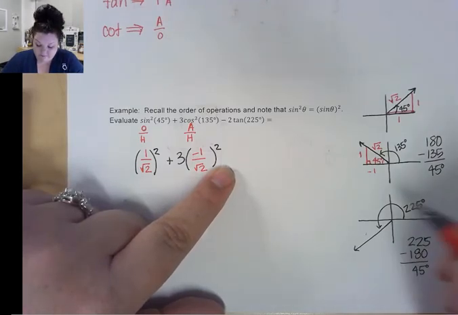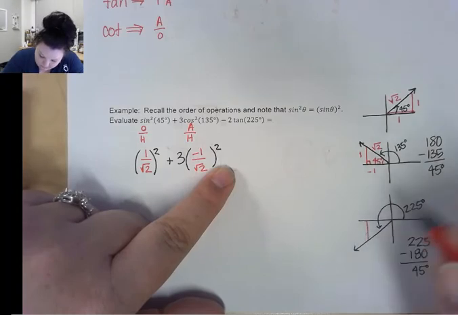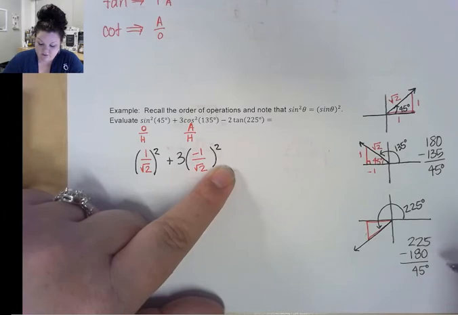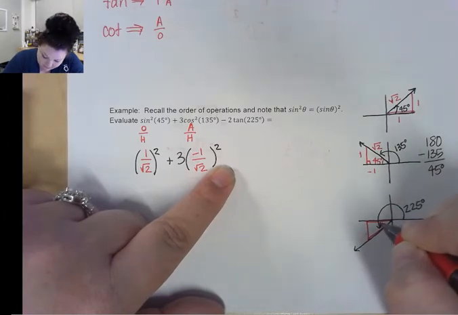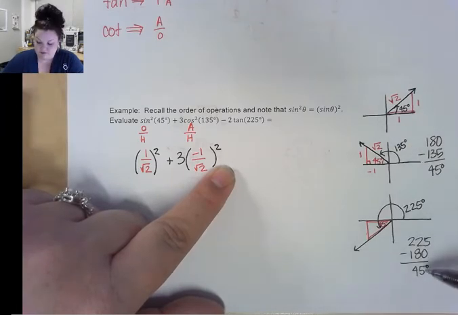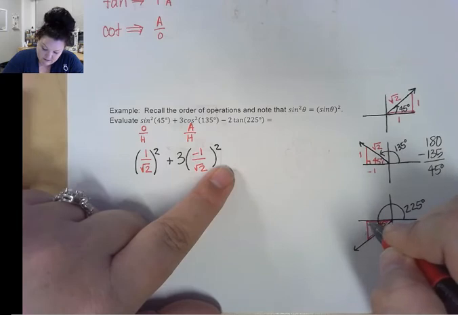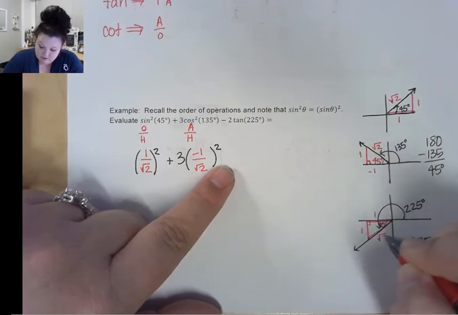But we want our reference angle, which is what we get from this triangle right here. And we know that that is going to be 45 degrees because it's 45 degrees past 180. So again, I want to label my triangle. So a 45 is 1, 1, square root of 2.